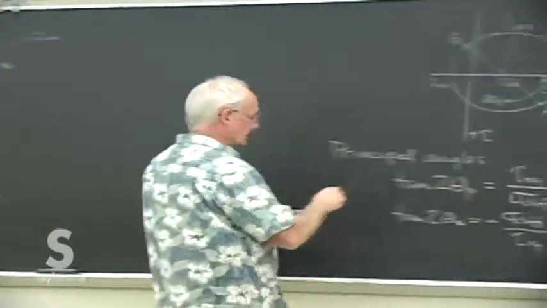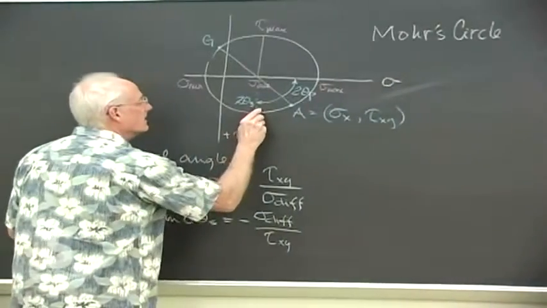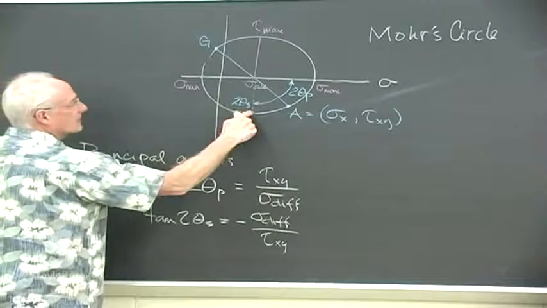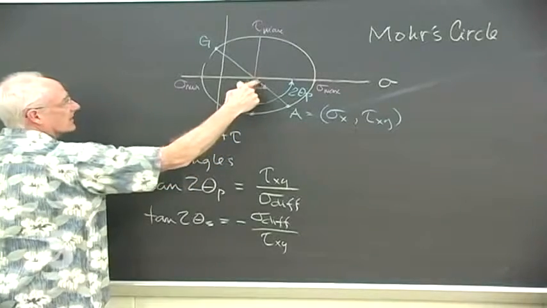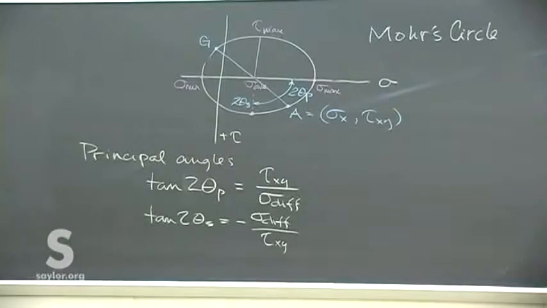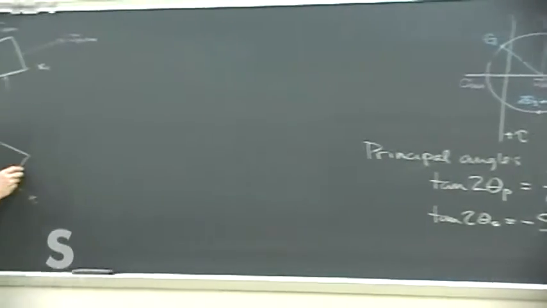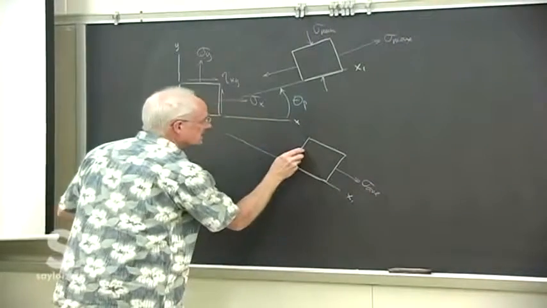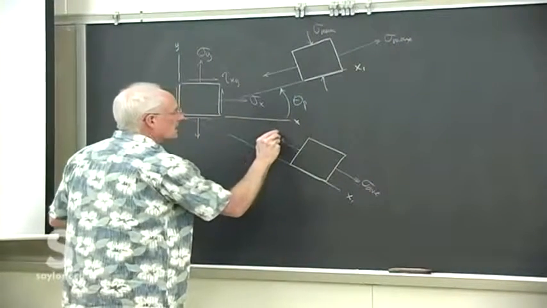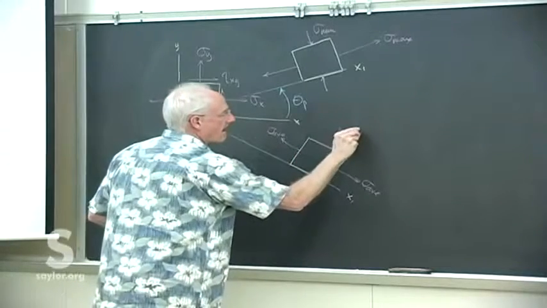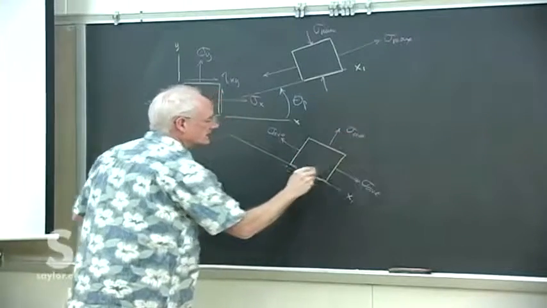That puts us at this operating condition where the normal stresses are the average values and the shear stresses are the maximum. So we have average shear stresses on both faces, actually all faces.